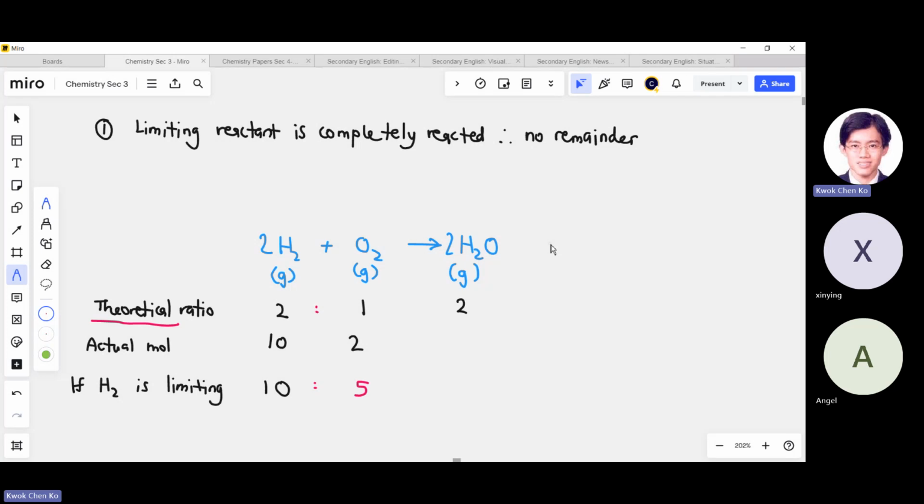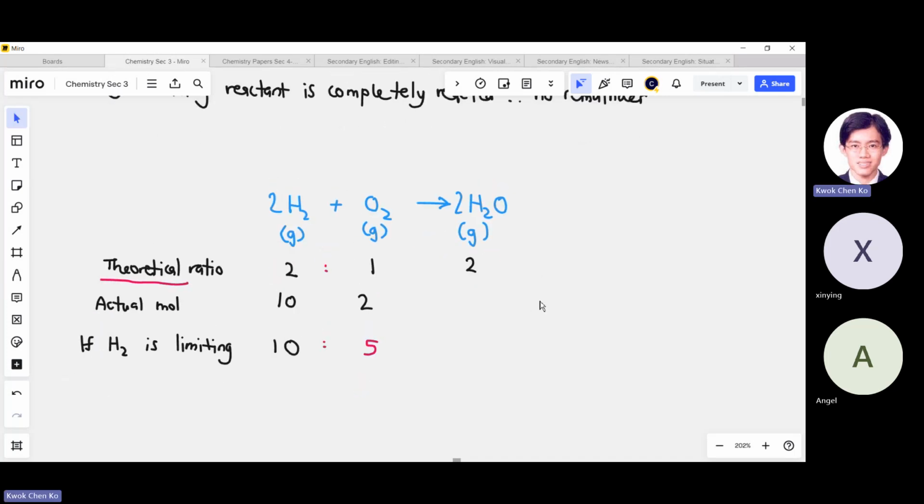Based on theory, 2 is to 1, so if I have 10, then it's 10 is to 5. But look at my actual amount. I only have 2 moles. Do I have 5 moles? No, I don't.